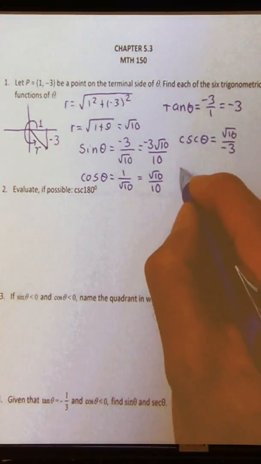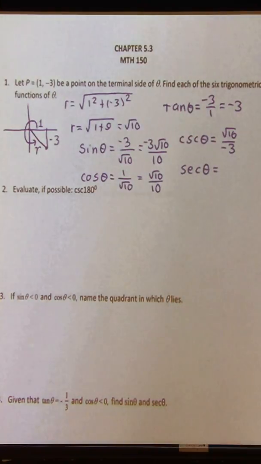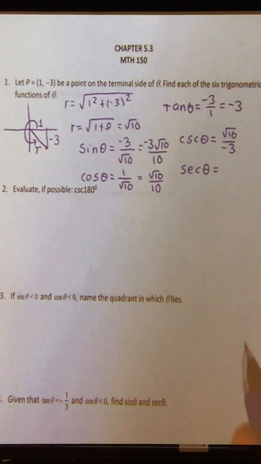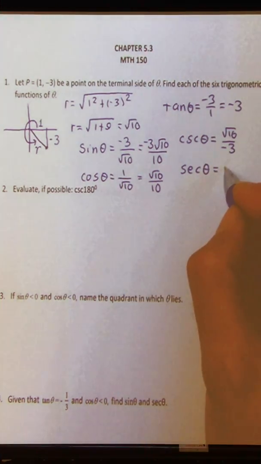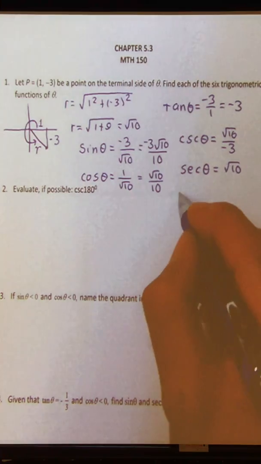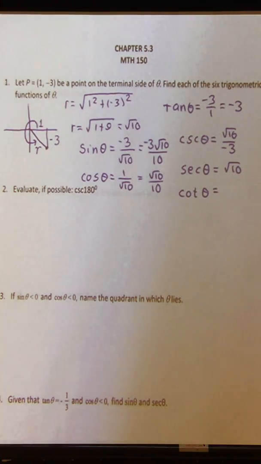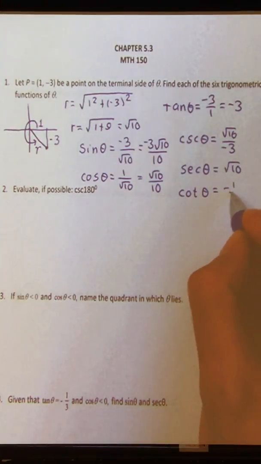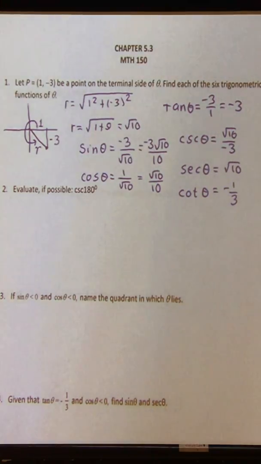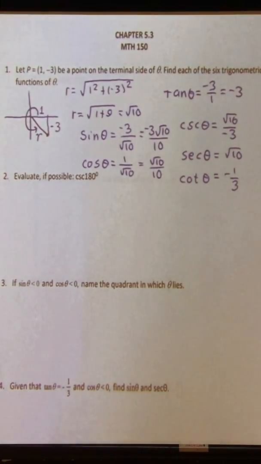And then the secant is the reciprocal of the cosine, or you could use r over x. So that is reciprocating this value here to give us root 10. And then the cotangent is the reciprocal of the tangent. Reciprocating -3 gives us -1/3. And we move on to problem number 2.